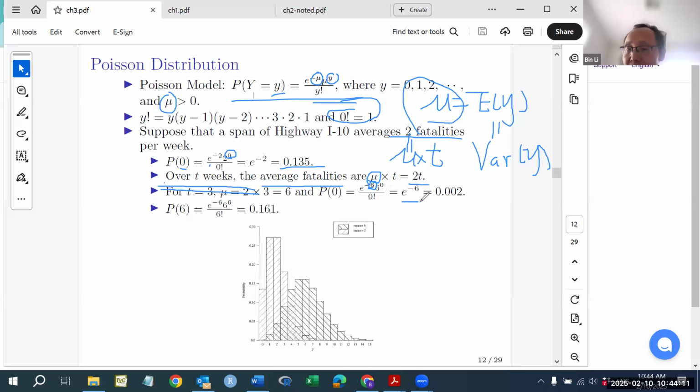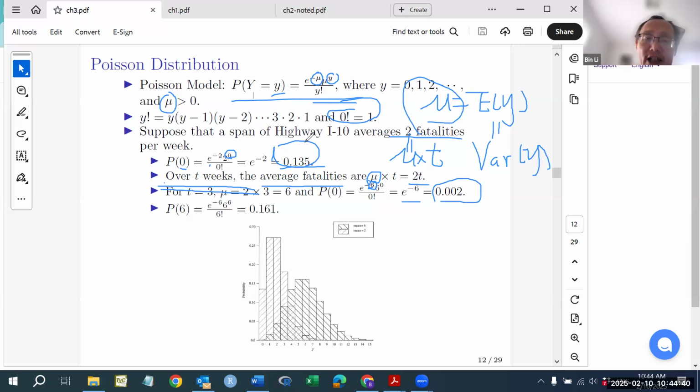So that will be e to the negative 6, which is 0.002, much smaller than 0.135. So that's how we calculate the number of fatalities over not 1 week, but 3 weeks.